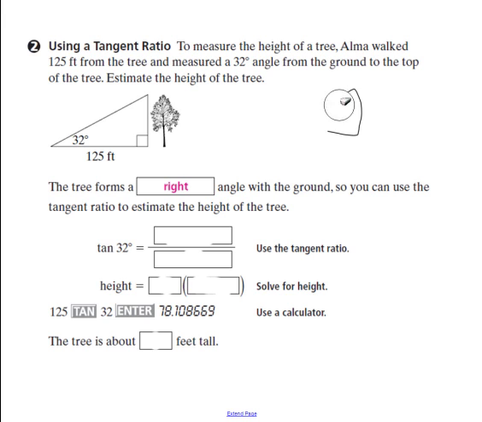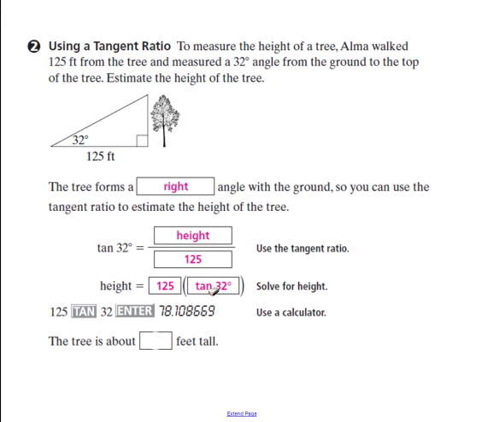Now that we have these trig functions, we can just say, well, the tangent of 32 degrees. Remember, the tangent represents the opposite side, which is going to be the height of the tree, over the adjacent side, which is going to be 125. And that's the distance on the bottom. So if we're trying to find height, multiply both sides by 125, we get 125 times the tangent of 32.